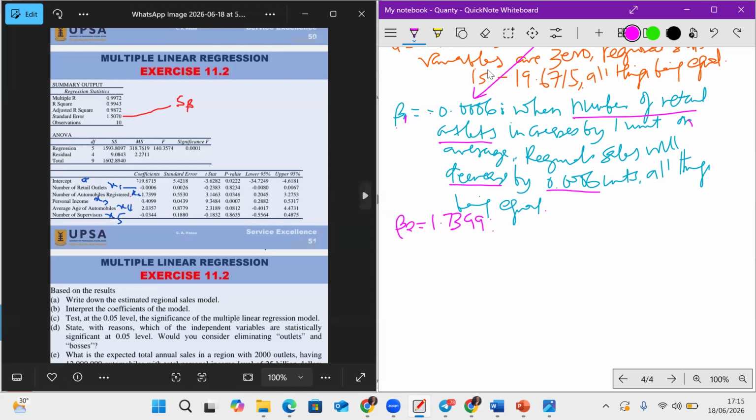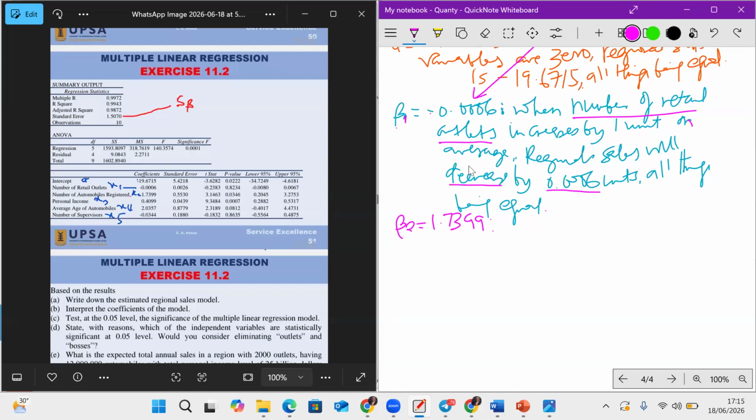Do we get it? Yes, sir. If you're able to state the first one, for the second one you just change those I've underlined. So you place in the X2, number of automobiles, and don't change all those I haven't underlined.